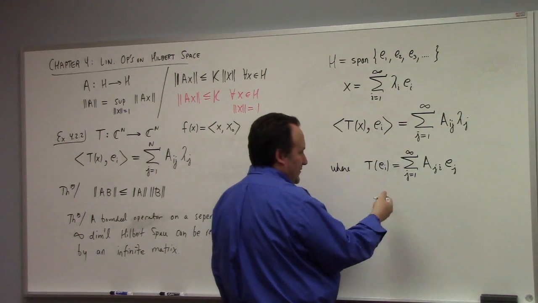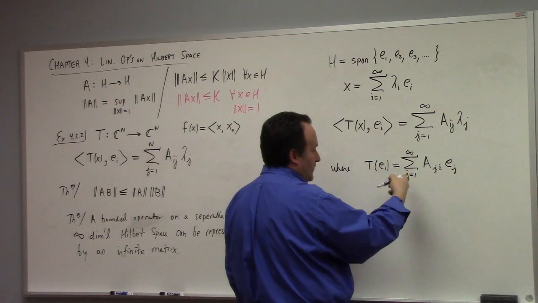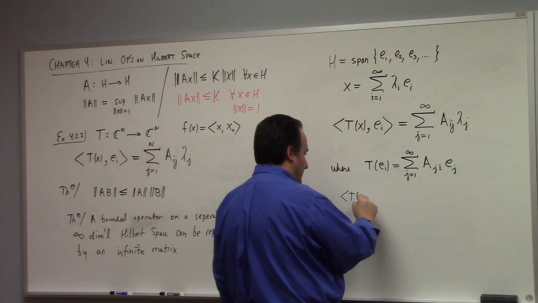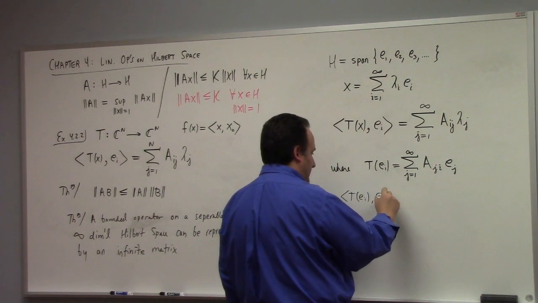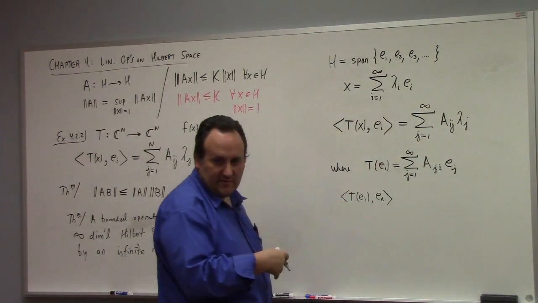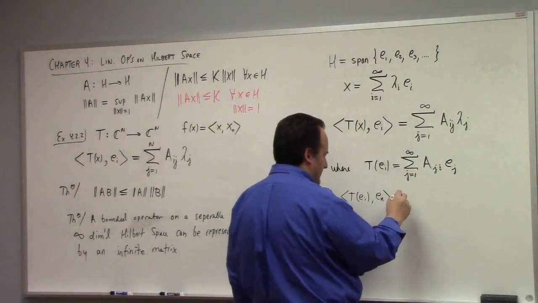I mean, if you take the inner product of this with e k, then this all still makes sense. You can pull the series out because of the properties of the inner product in the separable Hilbert space. We've done some calculations like this before.